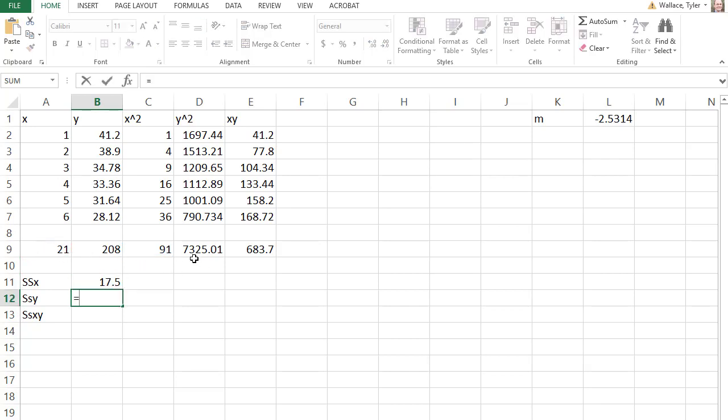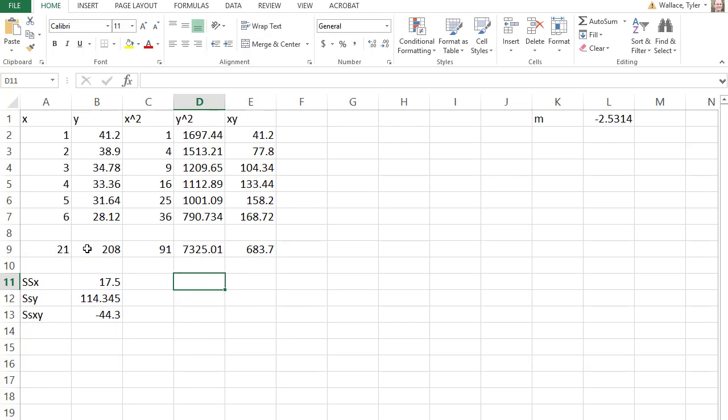For the sum of squares in the y direction, we'll take the sum of the y squareds minus the sum of the y's squared divided by the sample size of 6. We've got the SSY. Now we do the SSXY formula, which is equal to the sum of the xy's minus the sum of the x's times the sum of the y's divided by the sample size of 6.